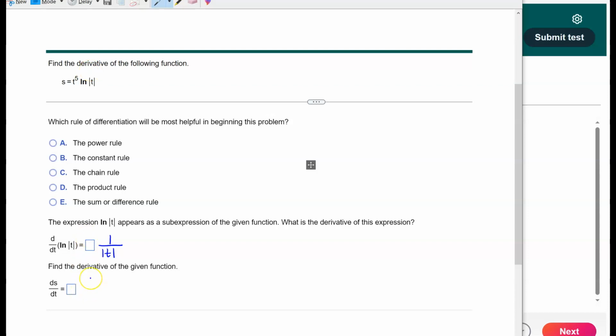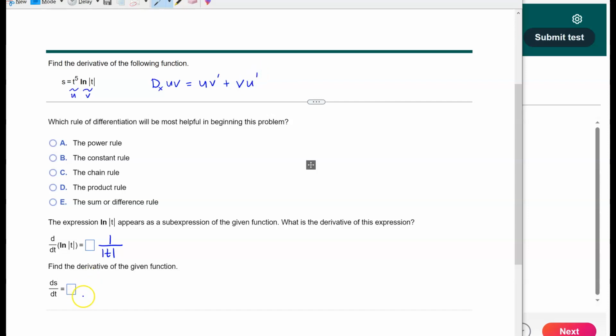Again, the product rule: this is your u and this is your v. So the derivative of u times v with respect to x is just u v prime plus v u prime.